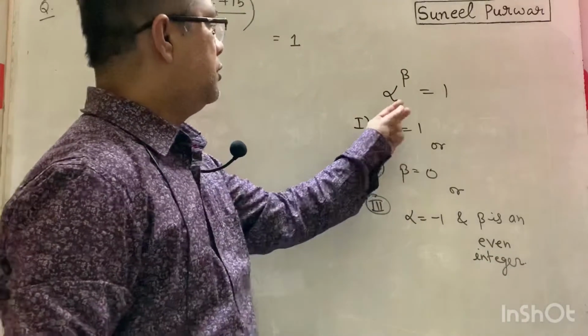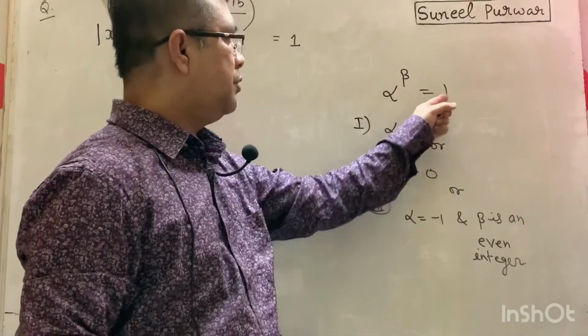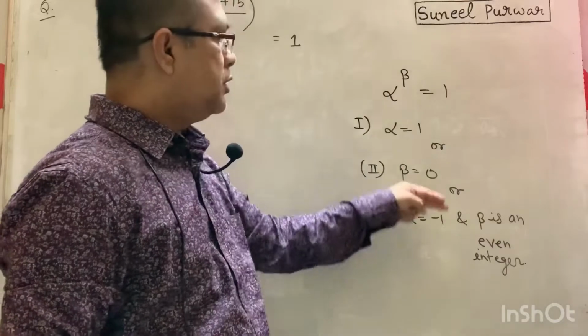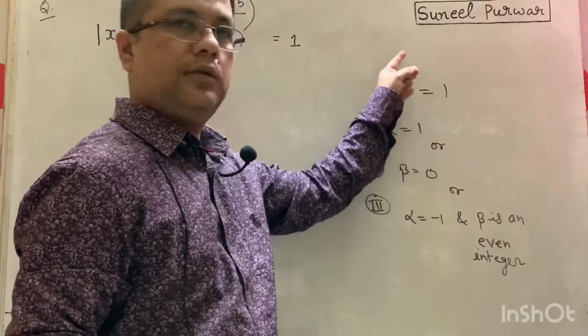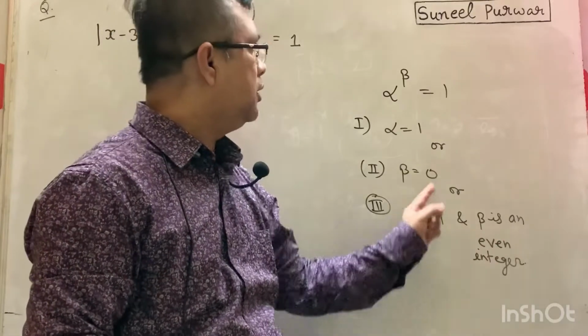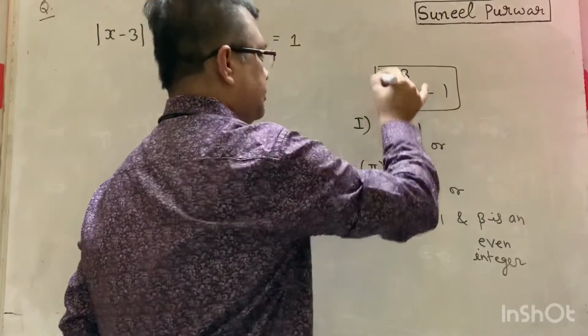So if alpha equal to 1, LHS will become 1. If beta is 0, alpha power 0 will give you 1. Or third possibility, this base value is -1 and this is an even integer. So -1 power even integer will give you +1 only. So these are the three possibilities you should analyze for alpha power beta equal to 1.